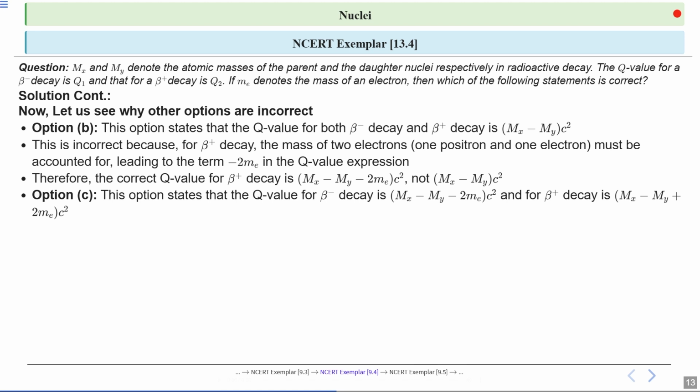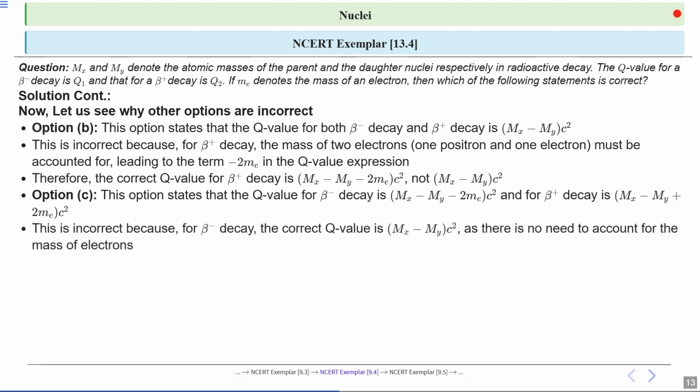Option C states that the Q value for beta minus decay is Mx minus My minus 2Me C square, and for beta positive decay is Mx minus My plus 2Me C square. Let's see why option C is incorrect. This is incorrect because for beta minus decay, the correct Q value is Mx minus My C square, as there is no need to account for the mass of electrons.